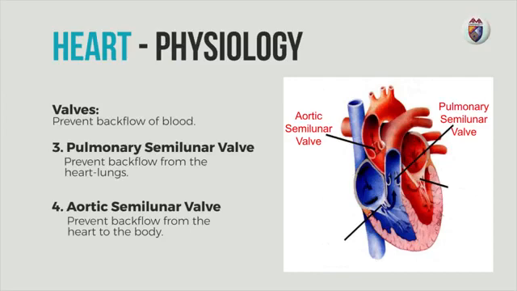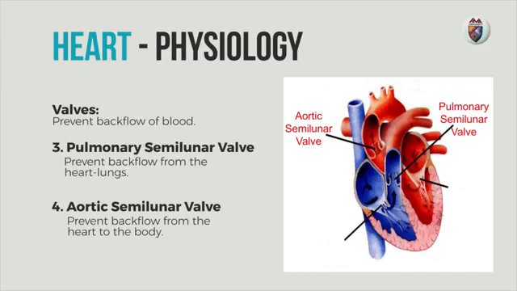As the pulmonary semilunar valve opens, it collects deoxygenated blood from the right ventricle and brings this blood towards the lungs. And then it closes back up again, preparing for the next heart contraction. Once blood goes through the lungs, it then becomes oxygenated blood that the body can utilize for many internal processes.